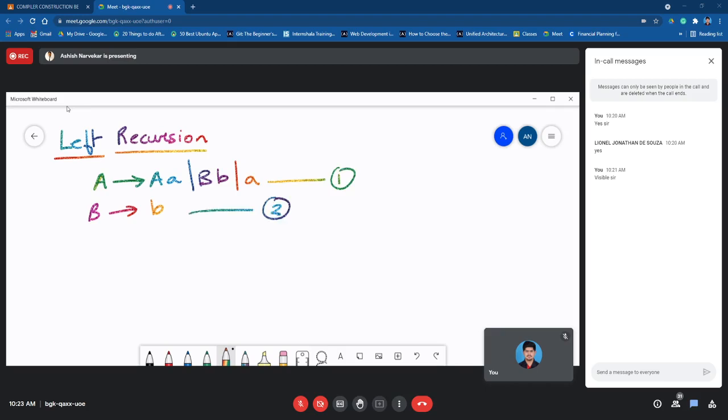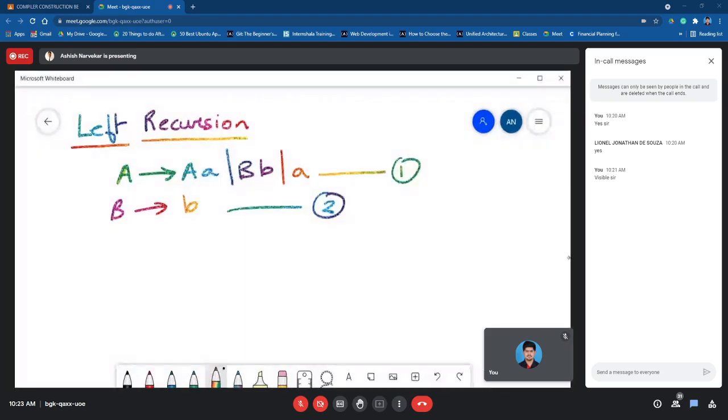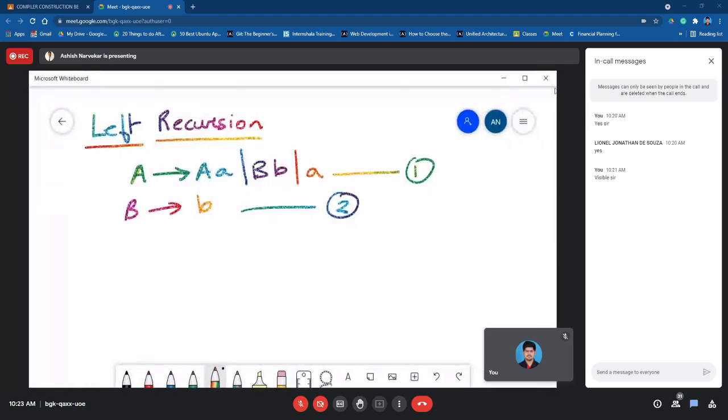So in this particular grammar that I have considered, can you see something wherein there is some common thing that is happening? For that matter, I can make it much easier for you all to understand. Let's make this also as A.